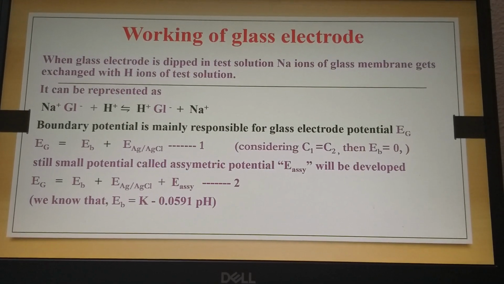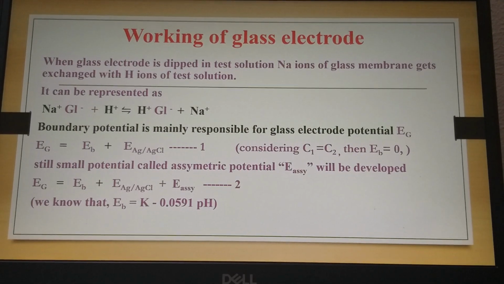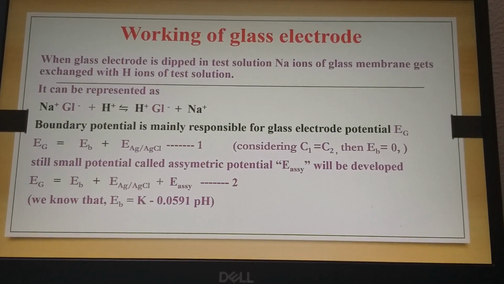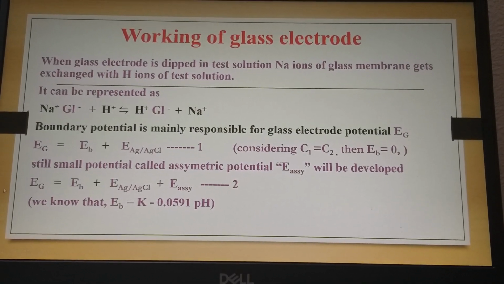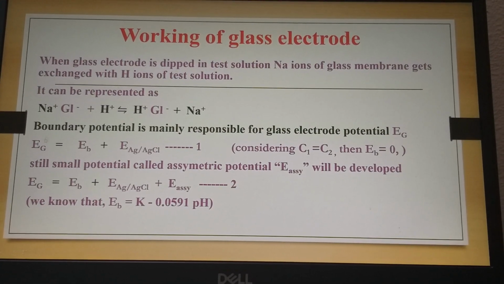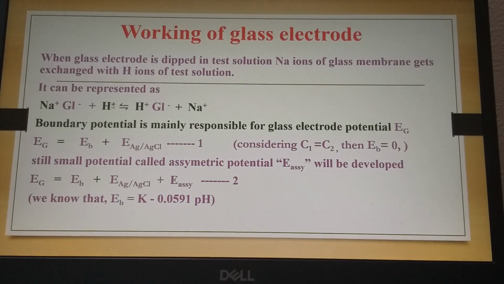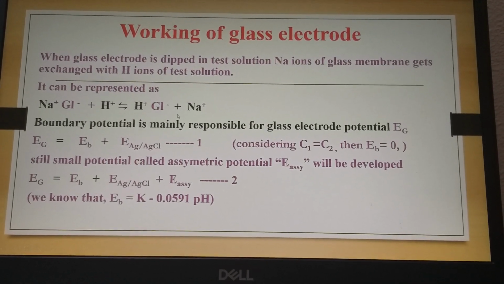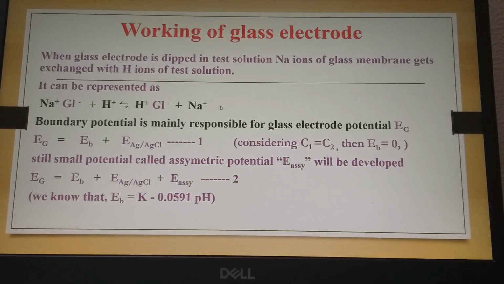When we immerse this electrode, that is the glass bulb, in the test solution, the sodium ions present in the soda glass get exchanged with the hydrogen ions of the test solution, and this can be represented in the equation. NaGl, sodium ions present in the soda glass, will get replaced by the hydrogen ions and sodium ions will be liberated in the solution. But this is a reversible reaction.